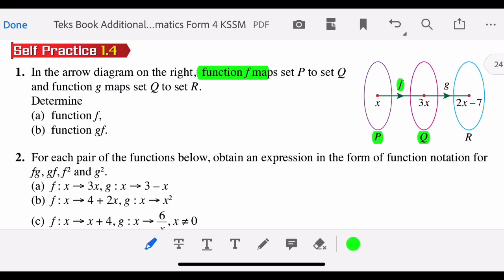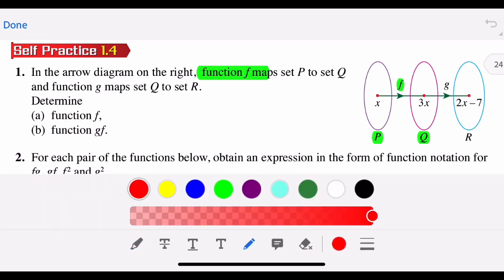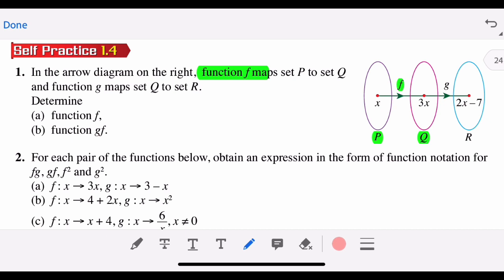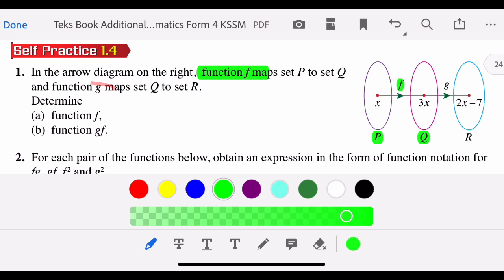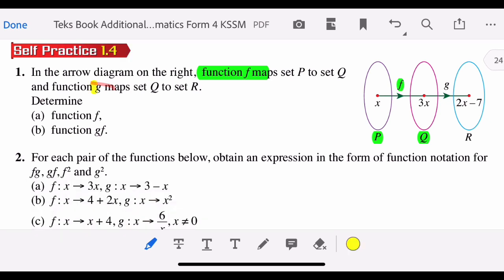And function g is another function. Let's highlight the function g in yellow color. Function g maps set q to set r. So q to r, this is q, this is r, this is function g.